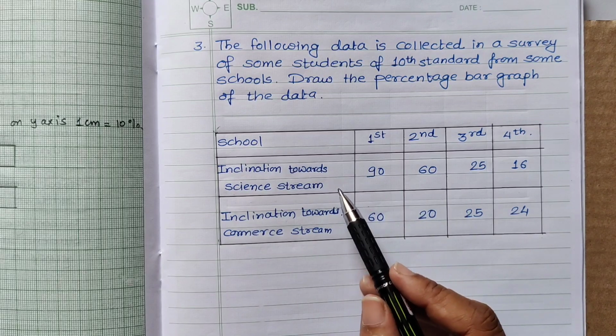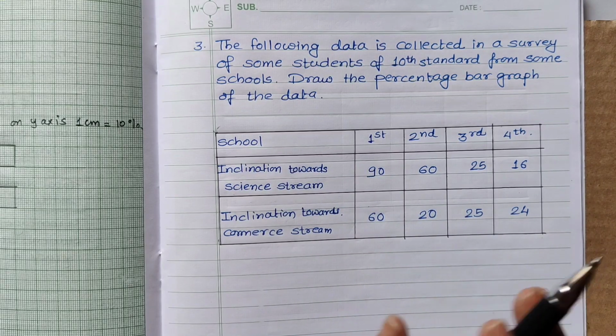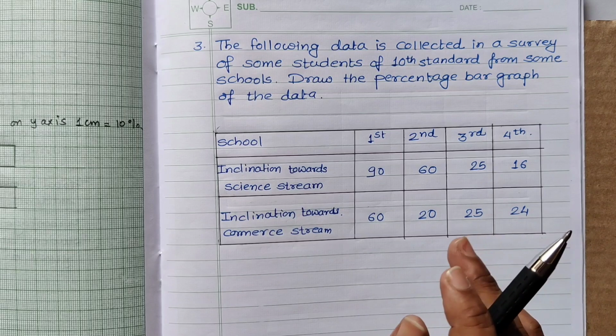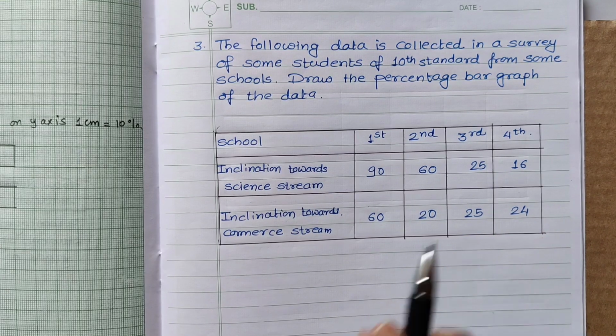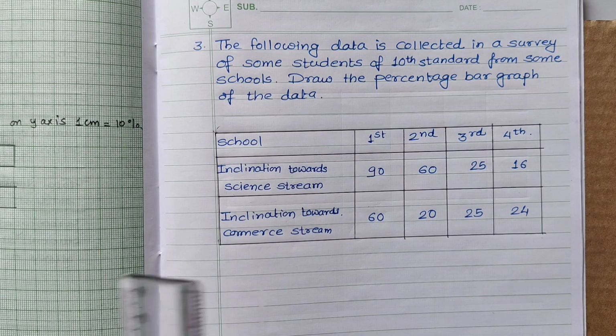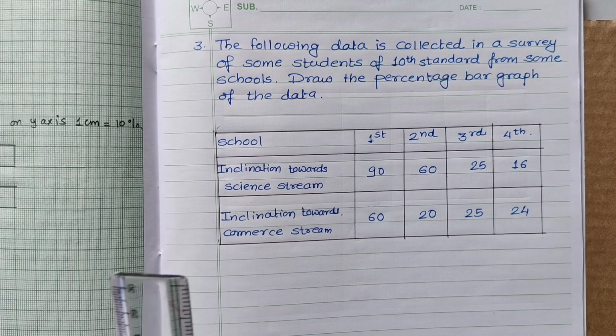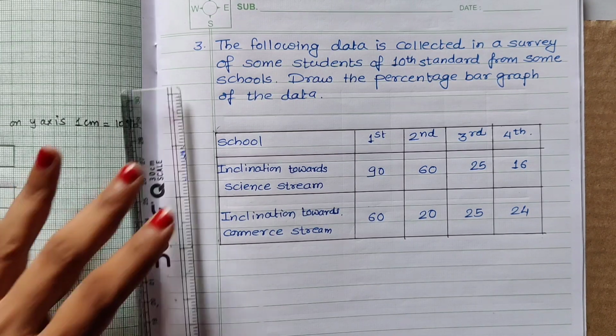For drawing a percentage bar graph, we require the total of whatever numerical data is given, so we should first get the total. As in the previous question, in question number 1 the total was given, but here the total is not given.